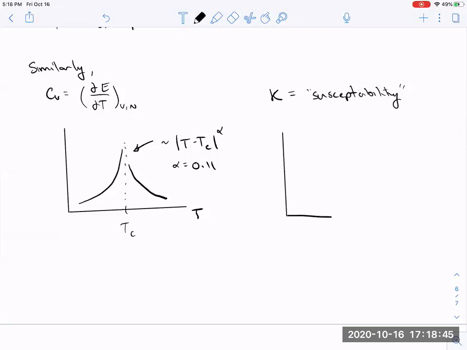If I was to measure it as a function of temperature near Tc, well, we've already discussed how the compressibility diverges. If I measured it, we would find that close to Tc, it scales like a power law with an exponent minus gamma, where gamma, independent of it being a liquid vapor transition or a magnetization transition, is 1.2.